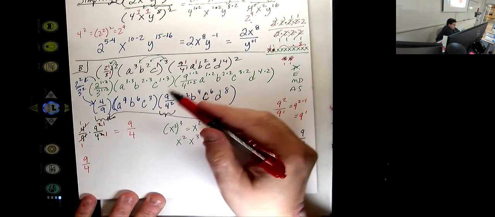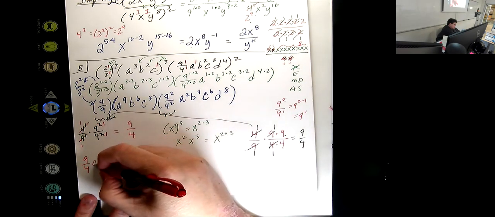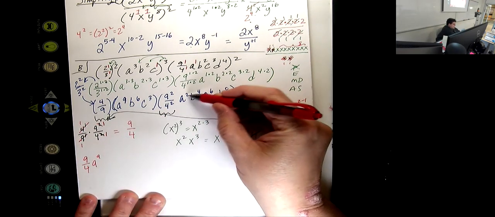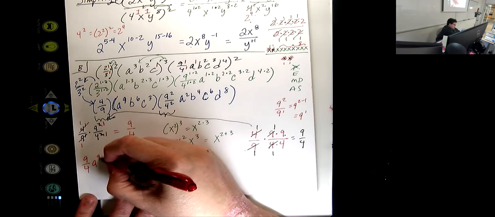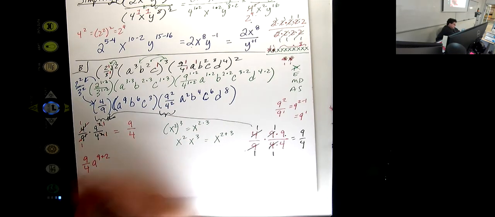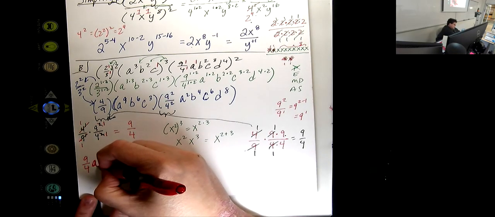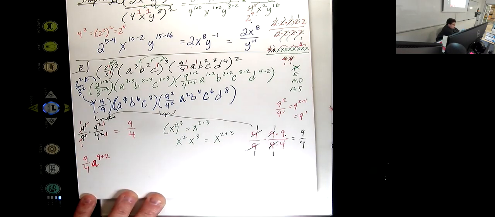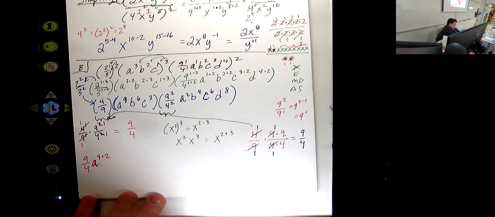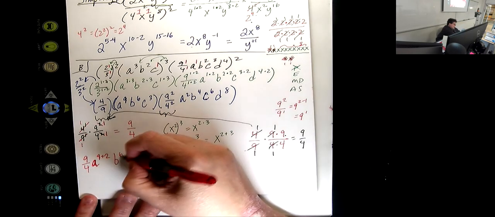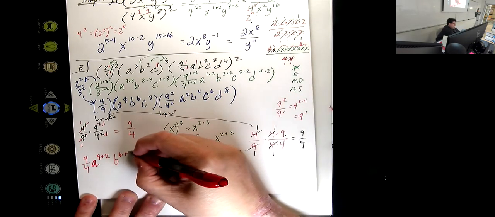And I've got a to the 9th power times a squared, so I'm going to do 9 plus 2. And I'll do the same thing with all of them. I've got b to the 6th power and b to the 4th power, and I can add those exponents together.